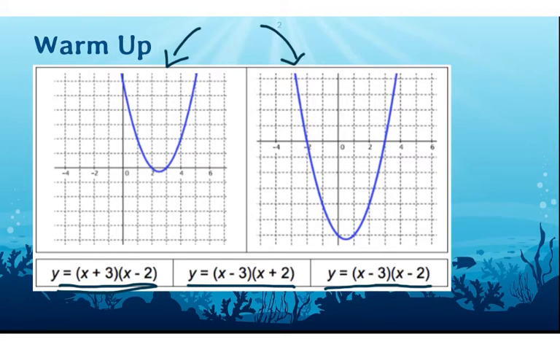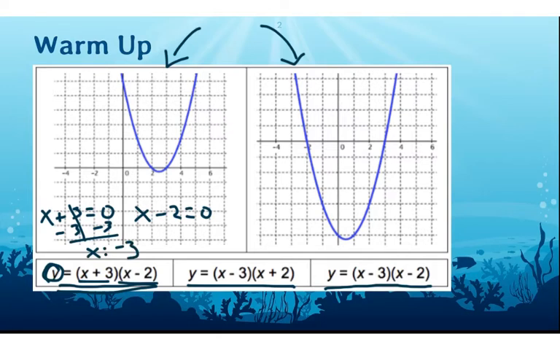And let me try and do that. So again, if I change this y to 0, then I could set each factor equal to 0. So I would have x plus 3 equals 0 and x minus 2 equals 0. All right, now I'm just going to solve these. Minus 3, x equals negative 3.